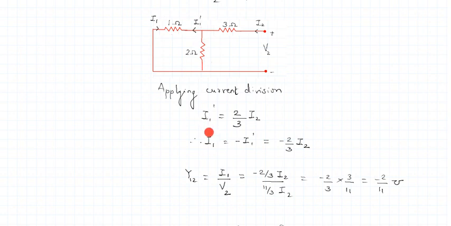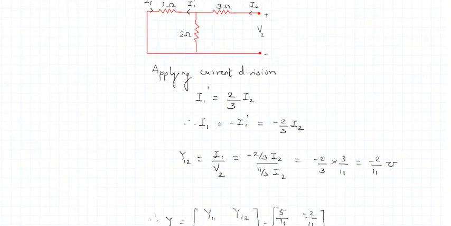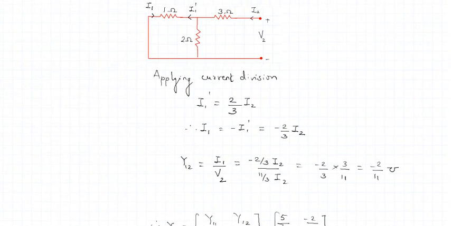Applying current division, I1 dash is the opposite resistance divided by the sum of the resistances into the input current, so it is 2 by 3 of I2. And we know I1 is the reverse of I1 dash, they are in opposite directions, and therefore we take I1 to be minus of I1 dash. So we get minus 2 by 3 of I2.